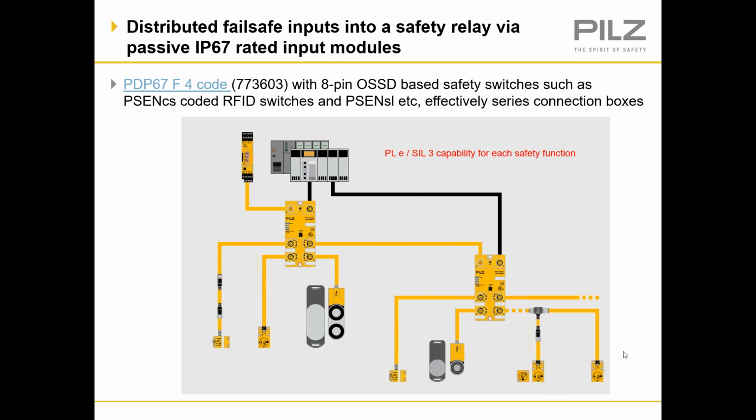So what you can do is link all your switches into the PDP67 module. That can then be inputted into another PDP module with additional switches that can then be outputted to your safety relay, and you can also output the status of each one to your PLC.